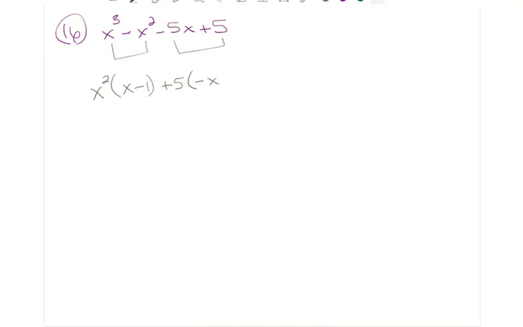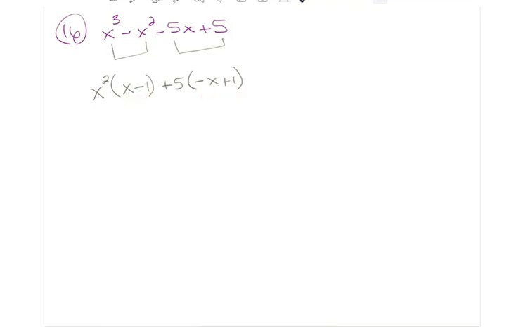And then to get to our +5, it would be +1. So our goal when it comes to factoring by grouping is we want to be able to keep going with those factors, right, and factor something else out. So the way it's written right now, that x minus 1 and -x plus 1, those babies don't match up, so we can't factor it out.